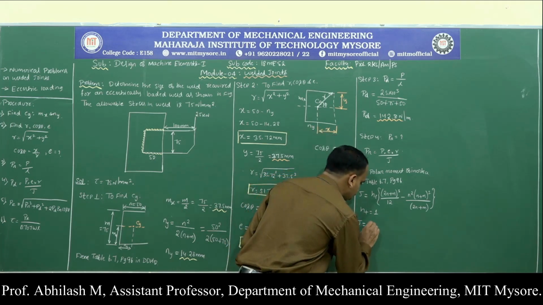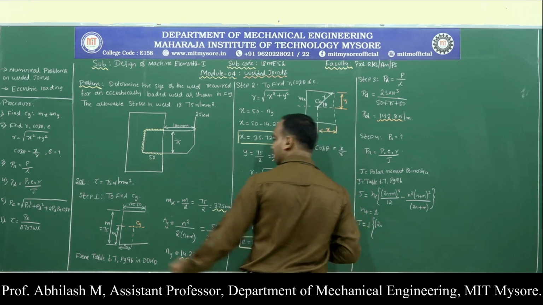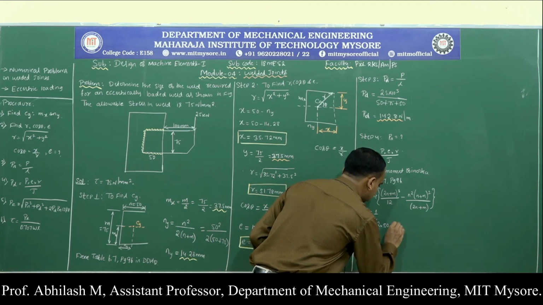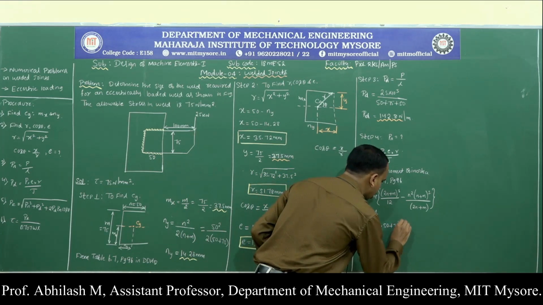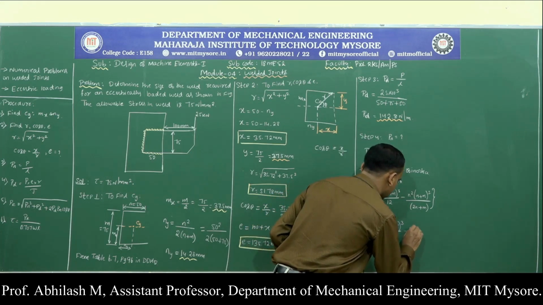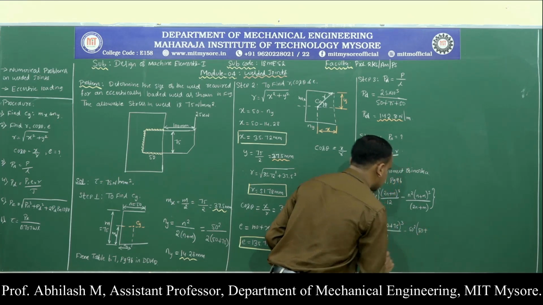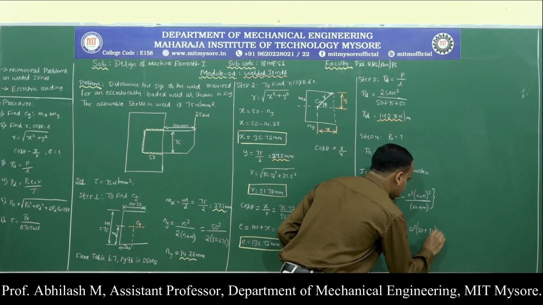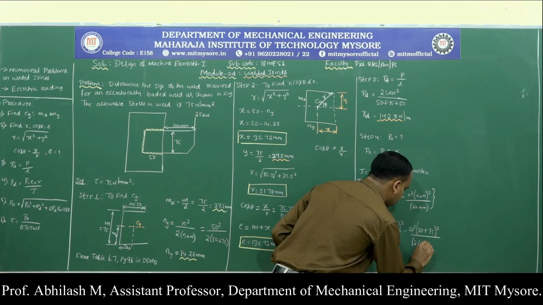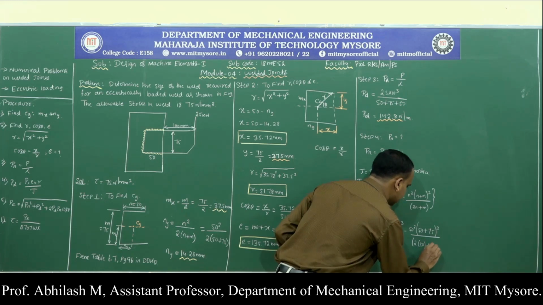So it is 1 into 2 times of n. So the n, looking into the figure, it is 50 plus m value is 75, whole cube divided by 12, minus 50 square of n is again 50 plus m is 75, square divided by 2 times of 50 plus m value is 75.